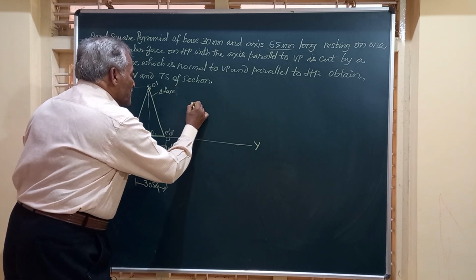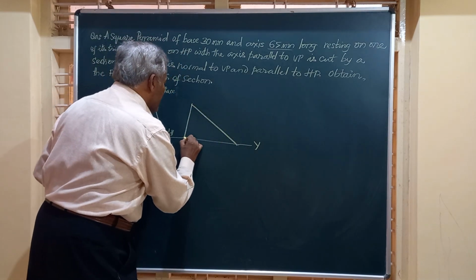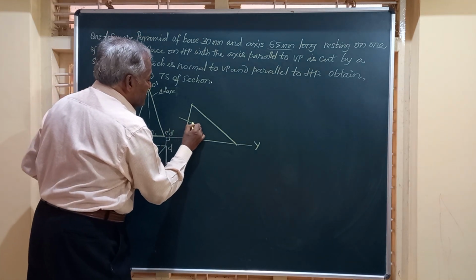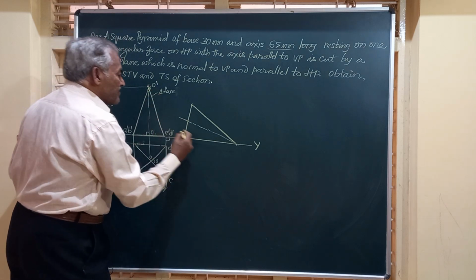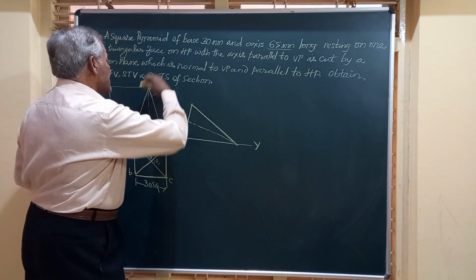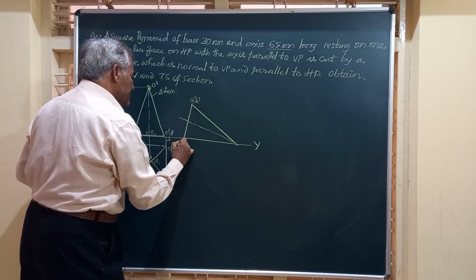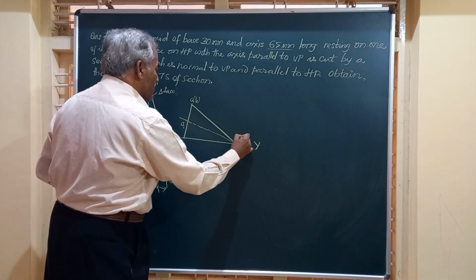So friends, we have to just copy this figure and get the second position of this solid in which this triangular face, that is, this point is going to become A dash, B dash, this is C dash, D dash, and this is O1 dash, this is O dash.